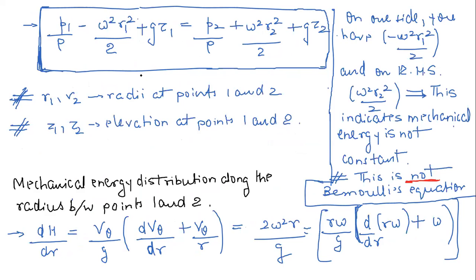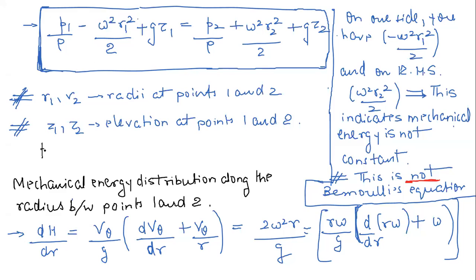Very important thing I am going to mention here. In this equation, let's arrange these terms in a way similar to Bernoulli's equation. Then we will get P1 by rho, or if you divide by g, then P1 by rho g. So it is P1 by rho minus omega square R1 square by 2. What is this?